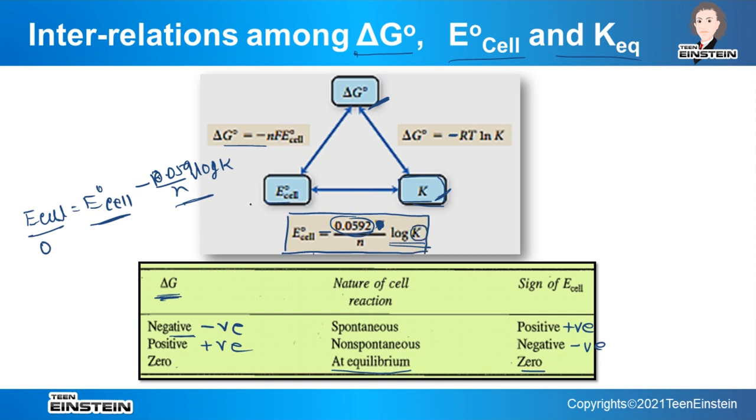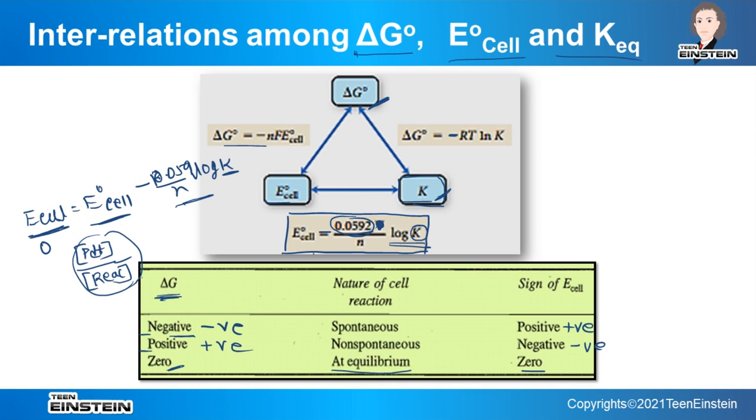But if it is some other condition, suppose E cell, that is this value, is not 0, either negative or positive, that means it is not under equilibrium condition, and in that case this K, which is basically the concentration of the species of the product side divided by the concentration of the species of the reactant side, this ratio is no longer the equilibrium constant.